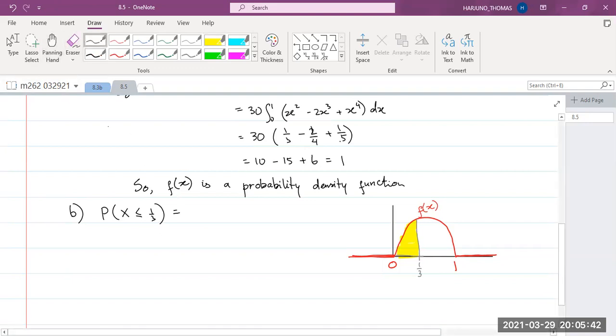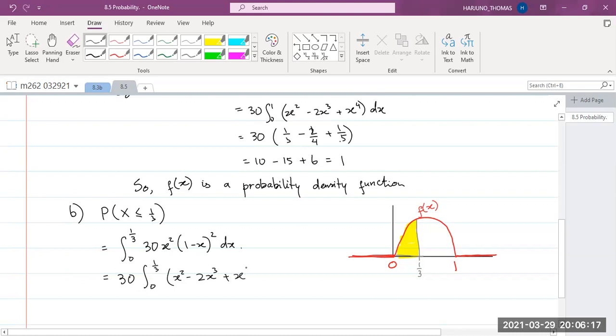So that is equal to the area in that region, which will be the integral from 0 to 1/3 of 30 x squared times (1 minus x) squared dx. So that's 30 integral from 0 to 1/3. Fast forward, that's x squared minus 2x cubed plus x to the 4th dx.